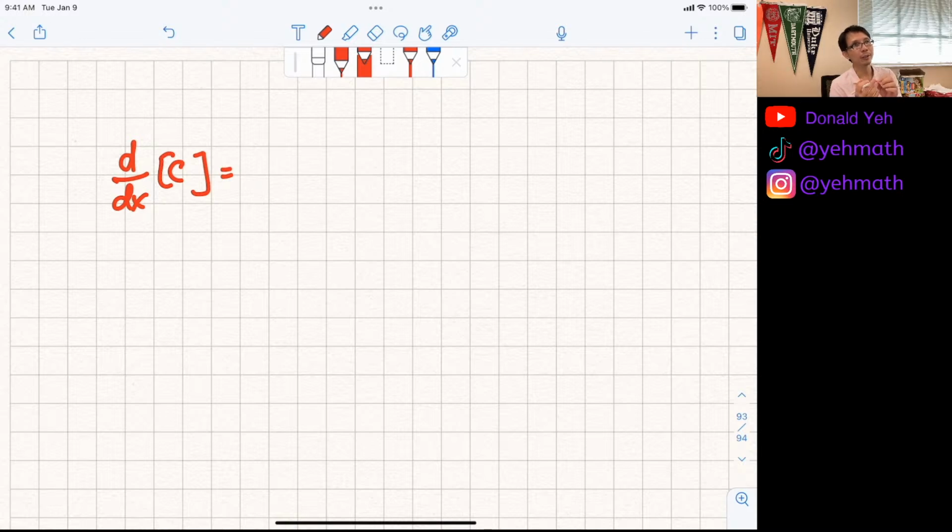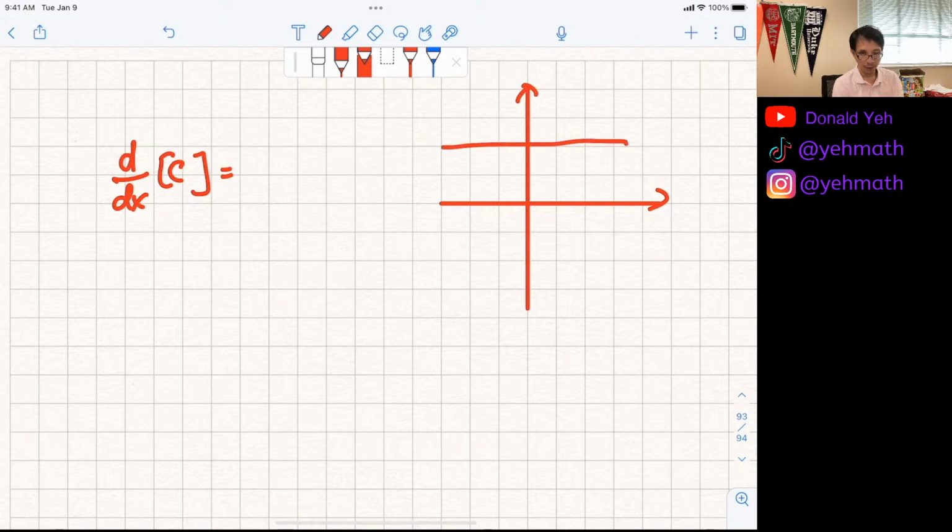What do you think the slope of that line is? 0. Good. It doesn't matter if it's y equals 2, 3, 4 or 5. The slope of a horizontal line, say y equals 2, is 0.